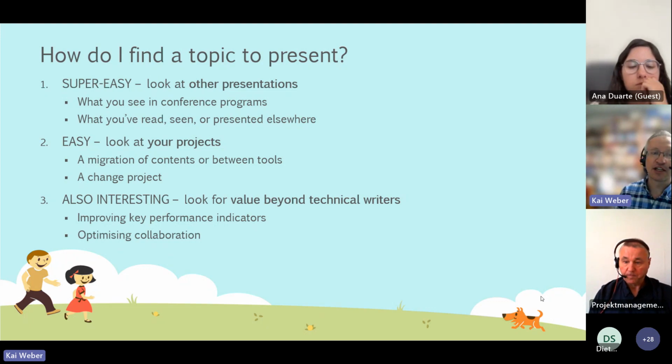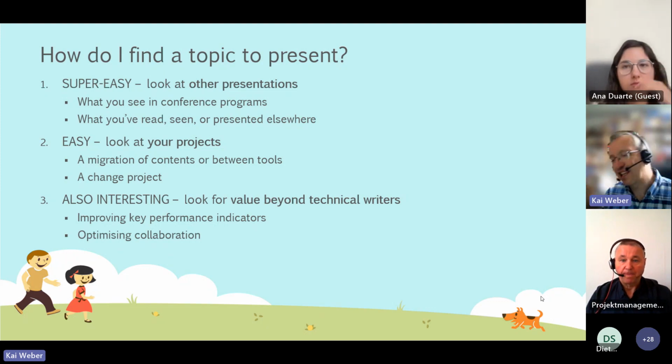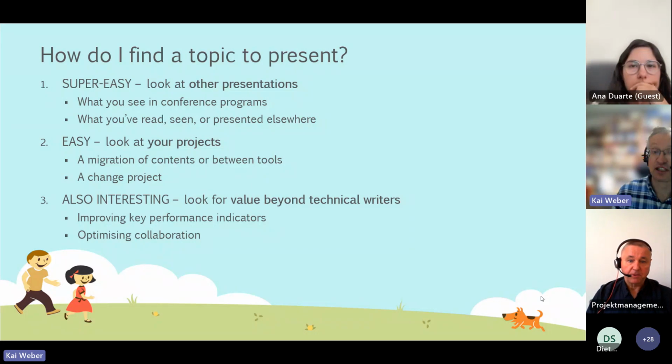And then lastly, you can think about anything that has a value beyond the technical writing people themselves. So, if you can impress your manager or if you can impress the head of development, or if you can impress customer service people by something you do, that's always a good idea. It is a little more lifting mentally.